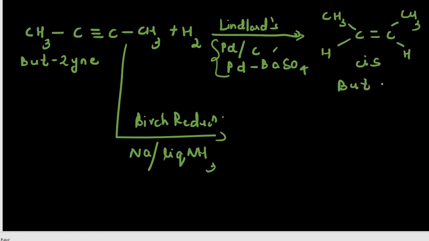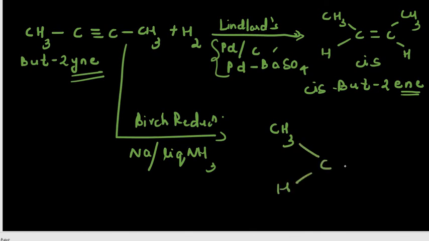It is but-2-ene. Here it was alkyne, now it has converted to alkene. Now it is what? It is cis-but-2-ene. Now in the presence of Birch reduction, we will be getting trans alkene, and thus our product will be what? It will be trans-but-2-ene.